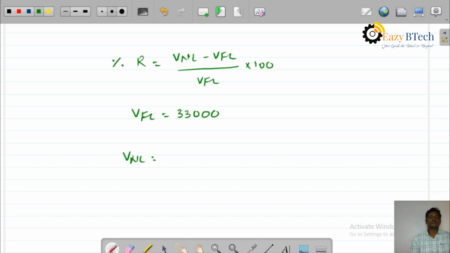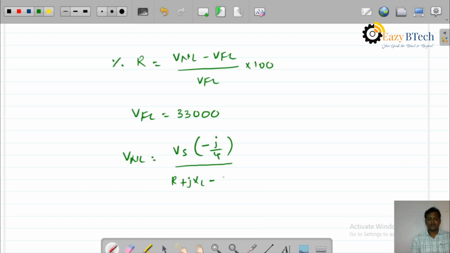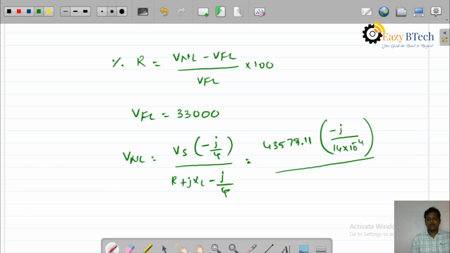We know the formula V no load equals VS into minus J by Y, divided by R plus JXL minus J by Y. Substituting all the values, VS equals 43579.11, minus J by 14 into 10 power minus 4, divided by R, which is 40 plus J60, minus J by 14 into 10 power minus 4.